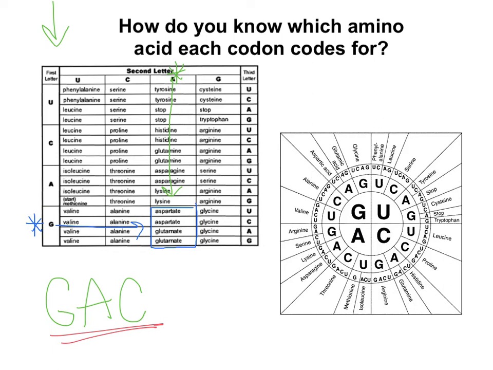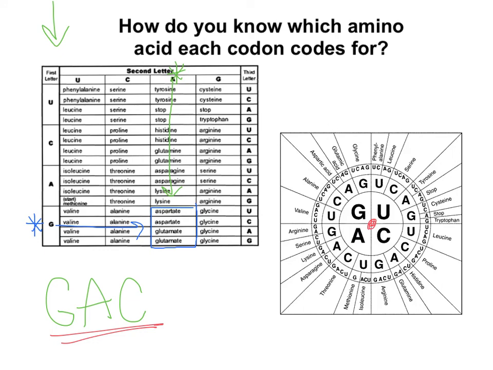The thing you need to know on the codon wheel is to start on the inside and go out. So what is my first letter again? It is G. So I'm going to start right here, and then go to my second letter, which is A. So I'm going to just follow it out.